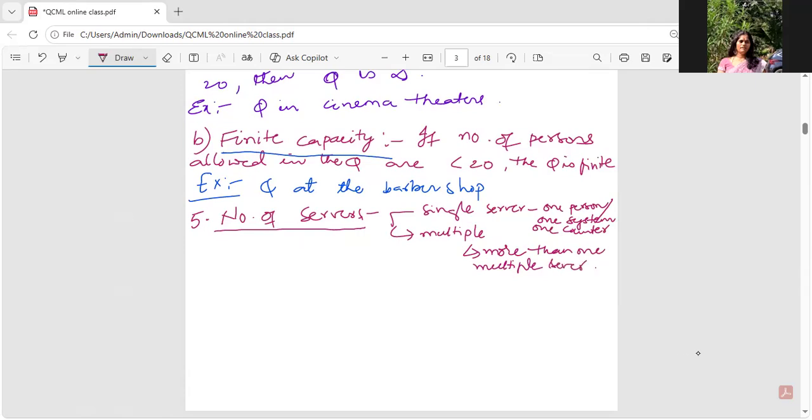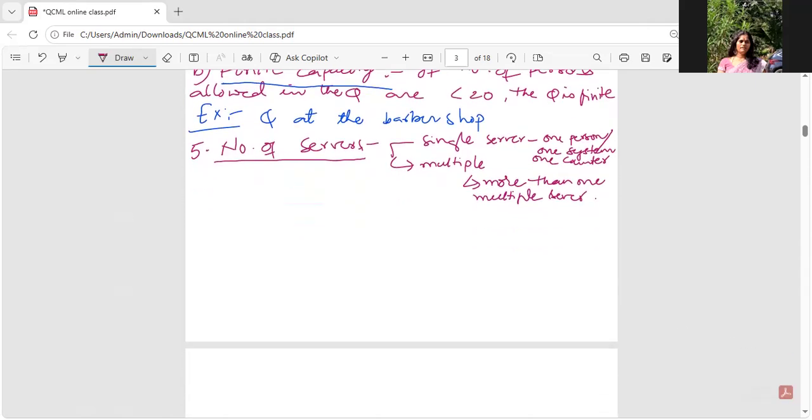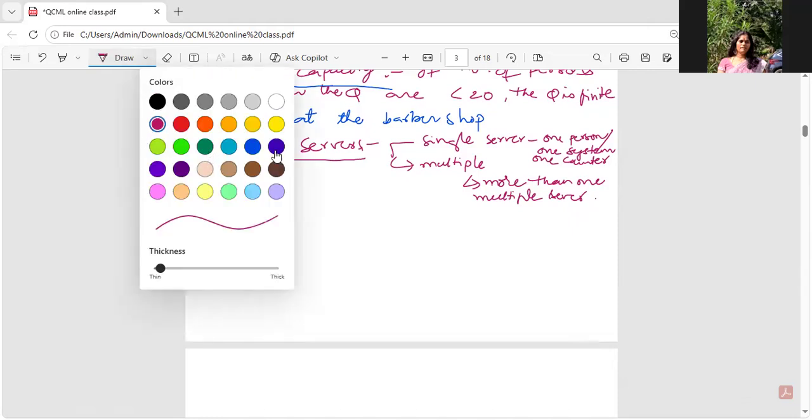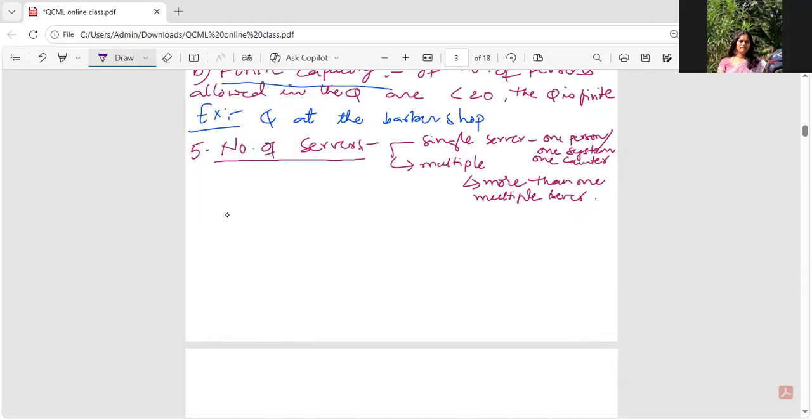After the number of servers, the next important parameter is the queue discipline, guys. Queue discipline means how the queue is being served.